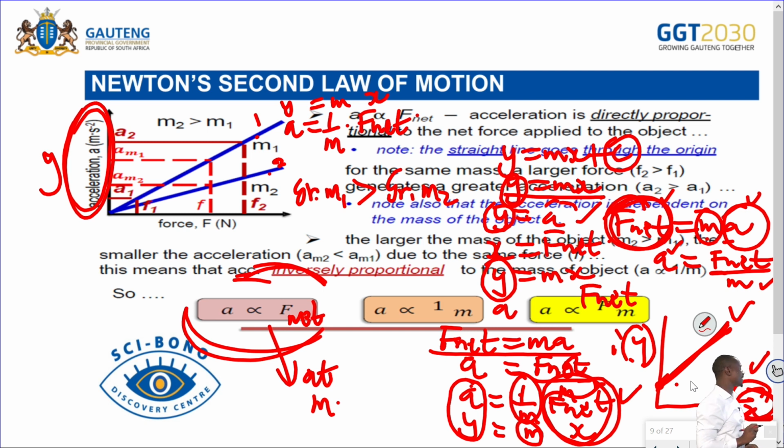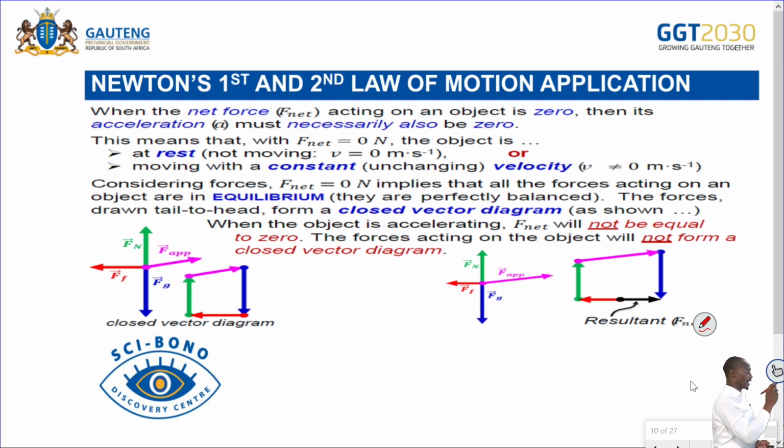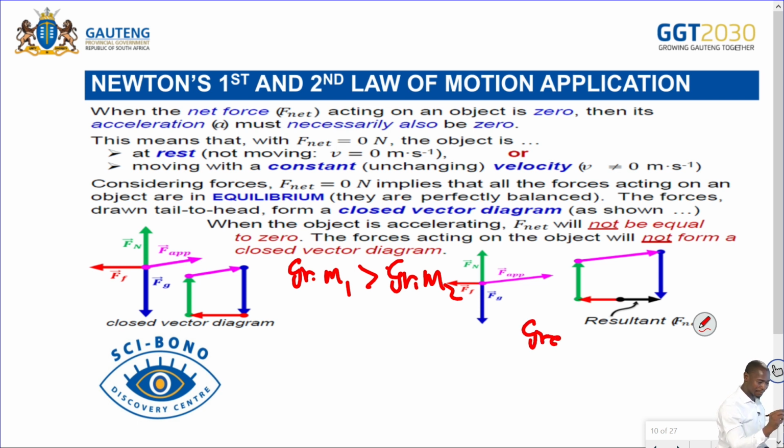So if it's like that, then remember the gradient represents 1 over m. Okay? Let me write it here. The gradient of m1 is greater than the gradient of m2. But remember, gradient represents 1 over m.